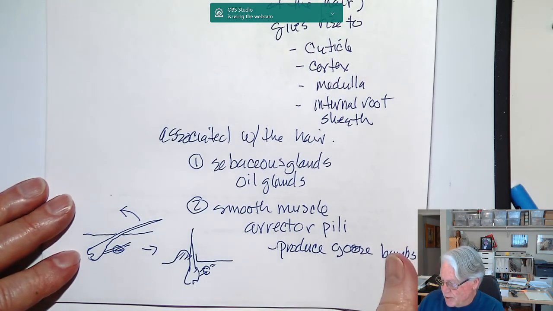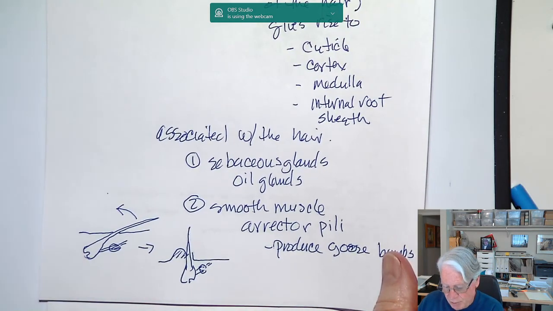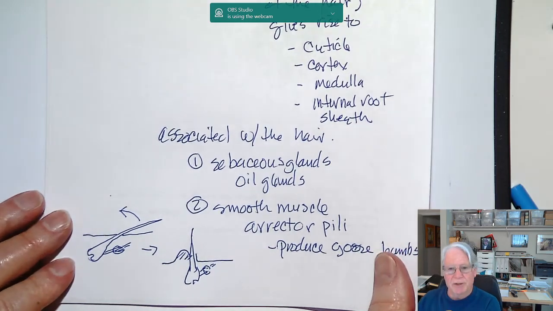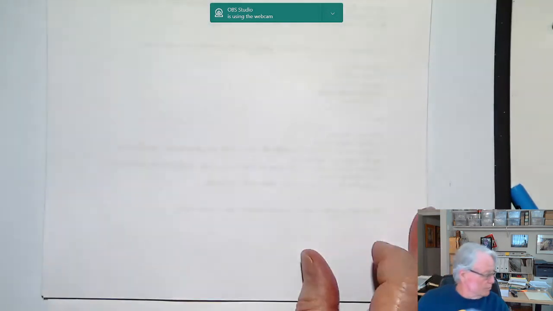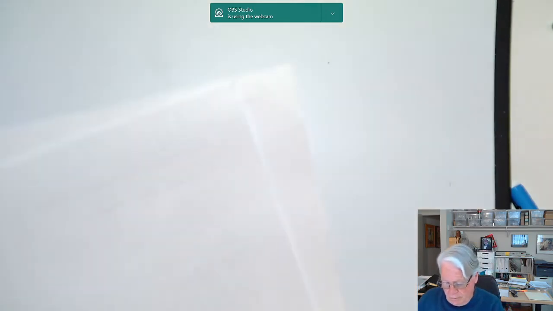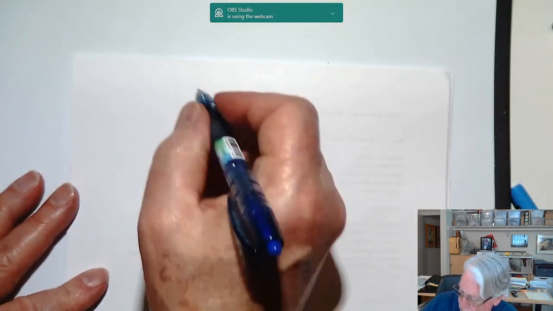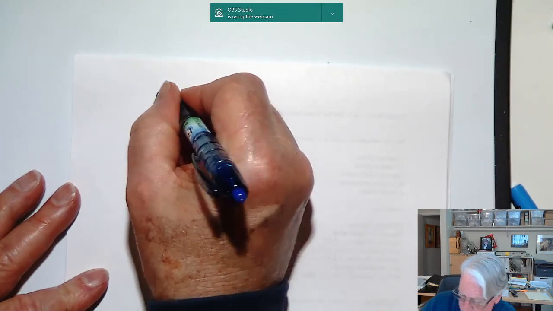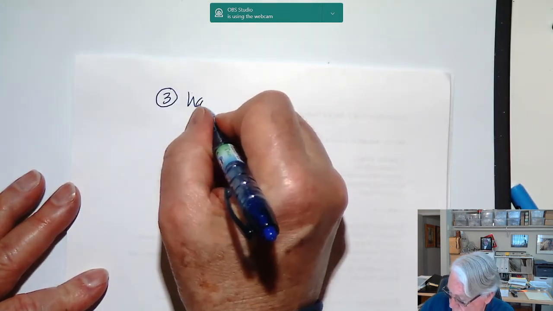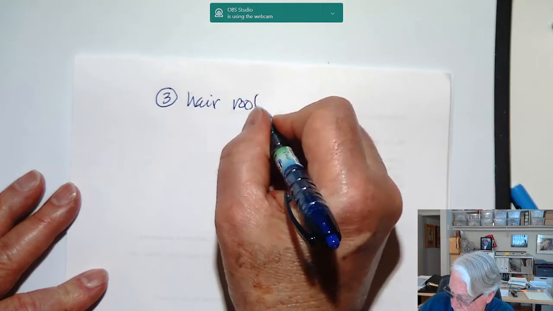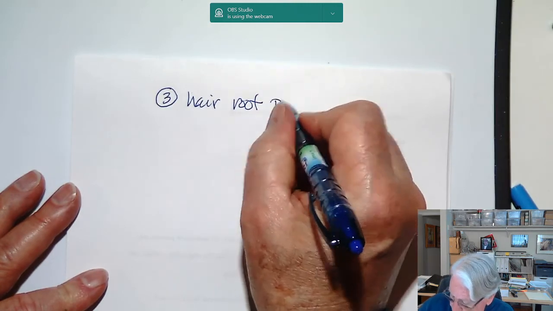We're going to add one other thing. We already talked about the hair root plexus. Let's repeat that just for good measure. So, again, associated with the hair, this is number three, I believe, the hair root plexus.